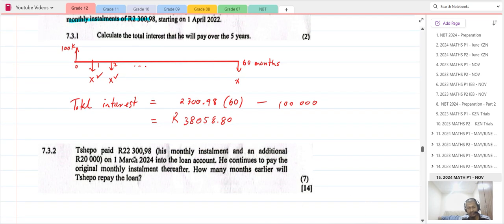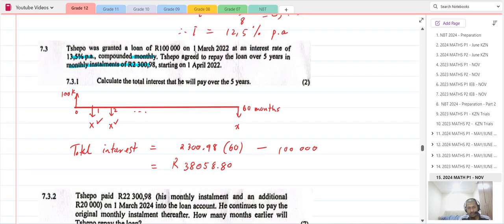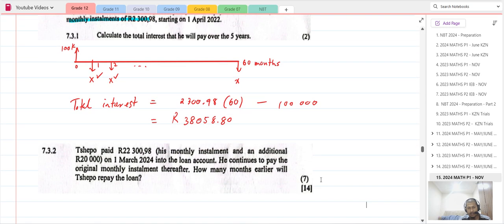I think 2,300.98 on 1st March. He started on 1st March 2022 and now 2024. Sepo paid 2,300.98 his monthly installment and an additional 20,000 on 1st March 2024 into the loan account.